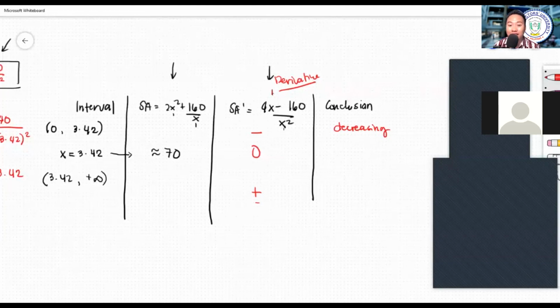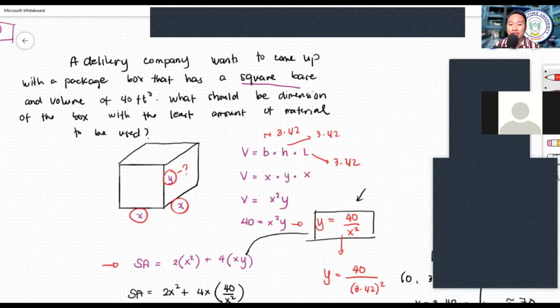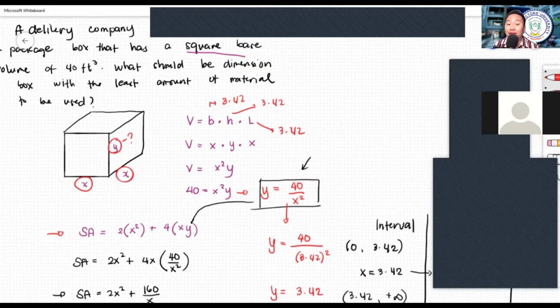Increasing or decreasing for this third part? The derivative is greater than 0. It's positive. So in other words, it's increasing. Agree? Now, the question in the problem is what dimension of the box to use so that you would have the least amount of material.